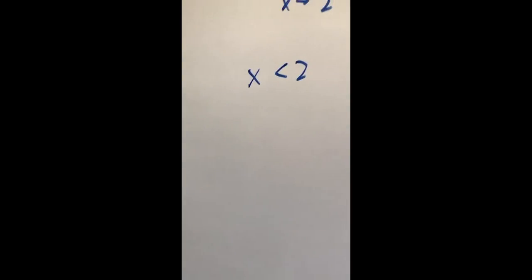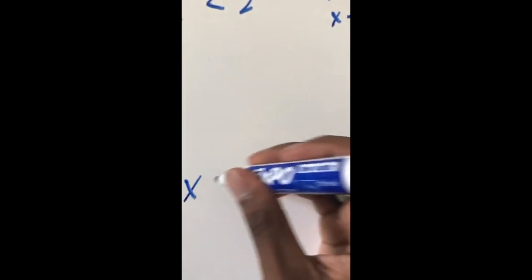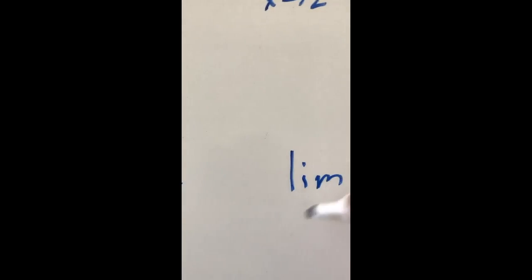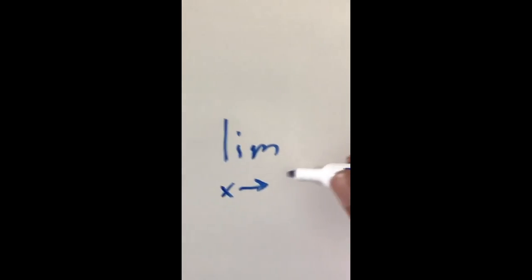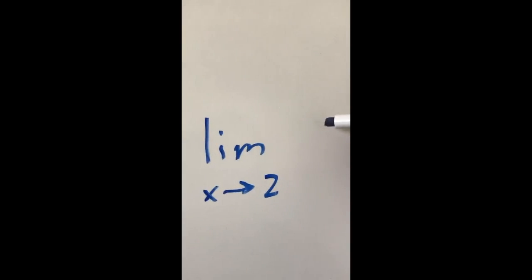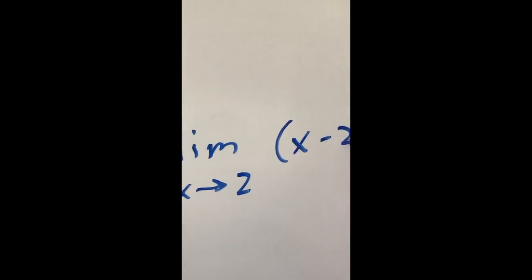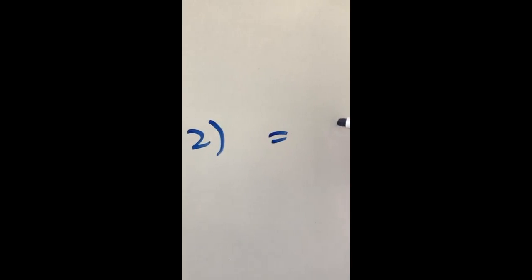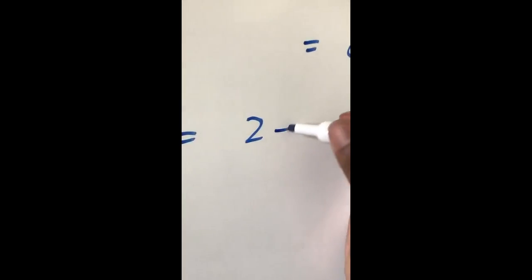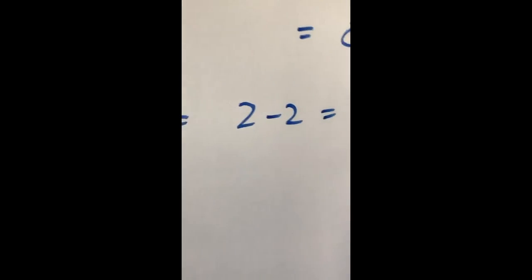So what happens if we plug in the other one, where x is greater than 2? Then we have the limit as x approaches 2 of x minus 2, and then that is also 0.